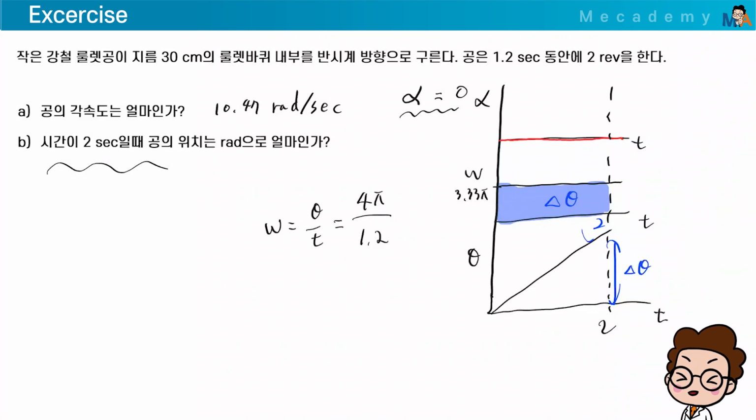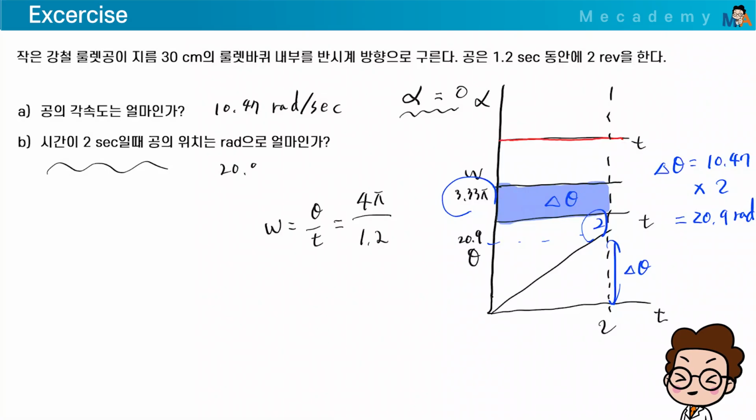The area delta theta is base times height, right? So delta theta is 10.47 times 2 seconds. Calculating this gives us 20.9 radians. So this height on the theta-t graph is 20.9 radians. This means the ball's angular position is 20.9 radians. Simple, right?